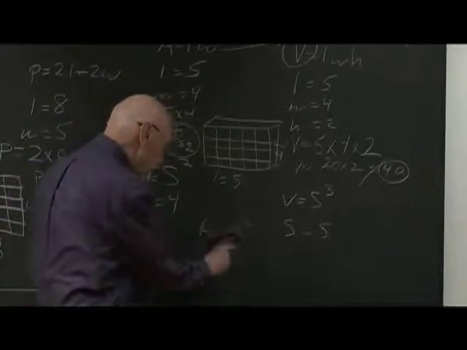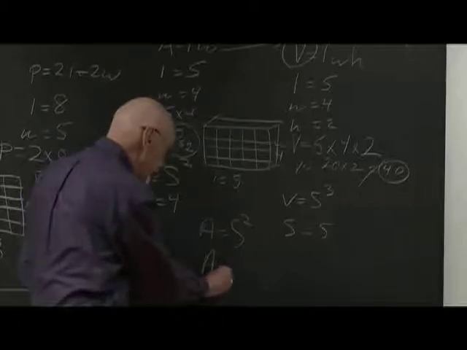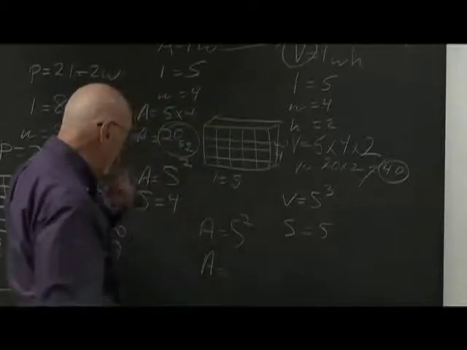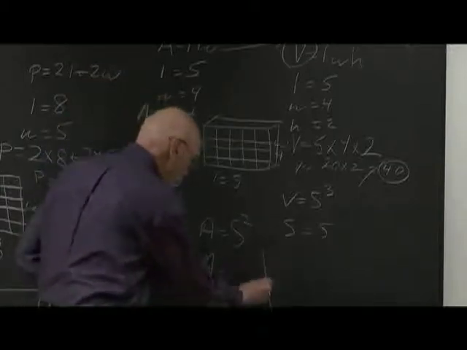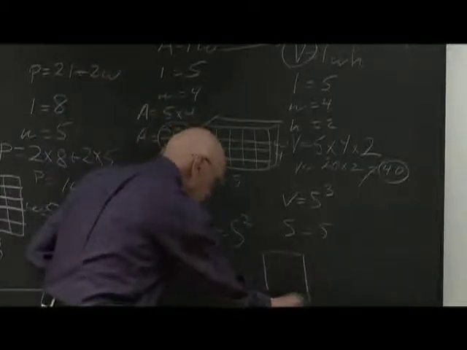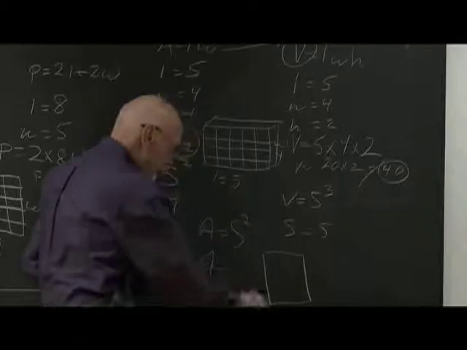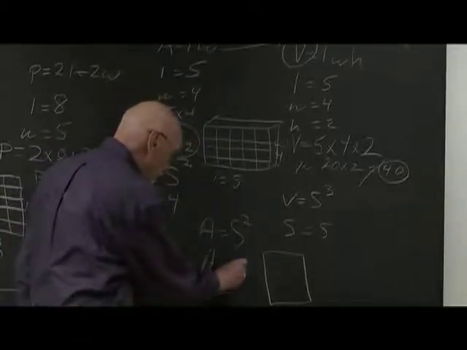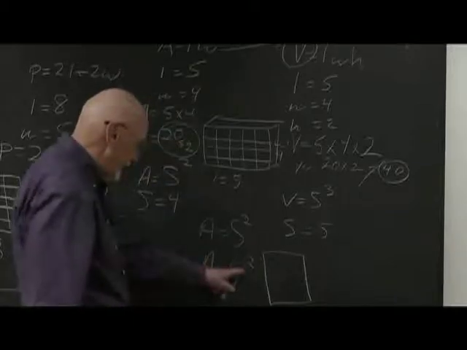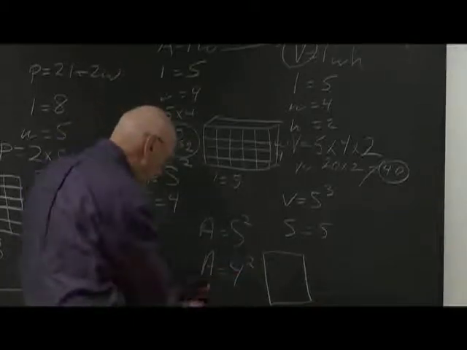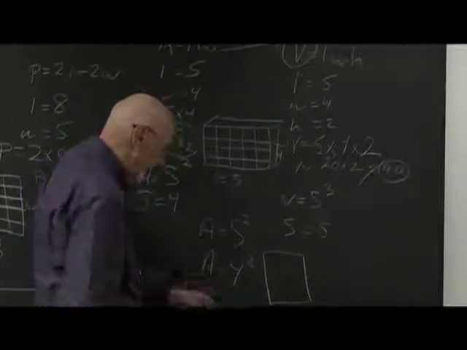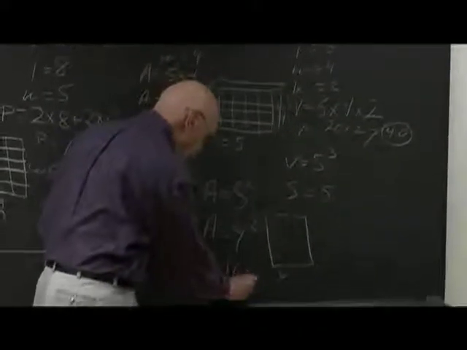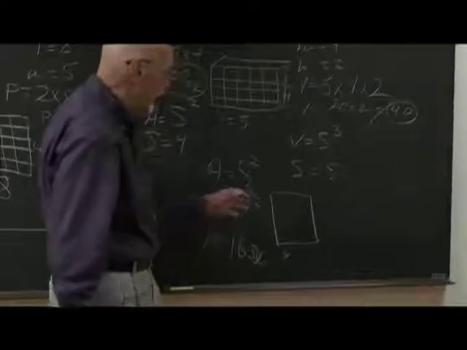It means multiply by itself. So area equals, in this case, we'll say we have a square that's 4 by 4. You just do 4 squared. That means multiply 4 by 4. Area equals 4 times 4 is 16, and that's square units.